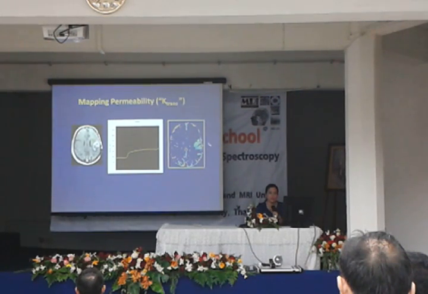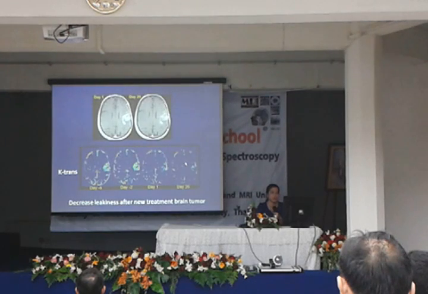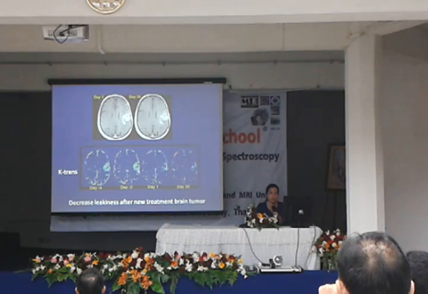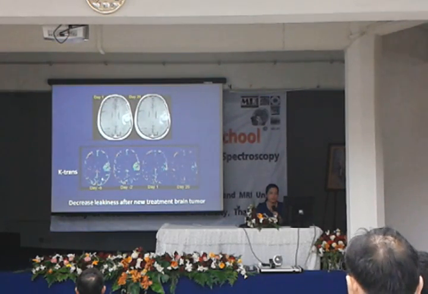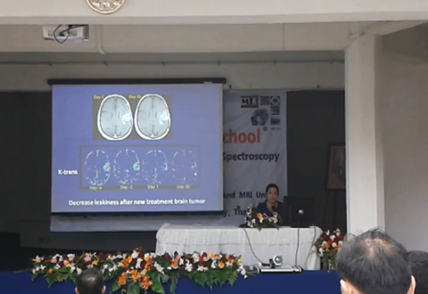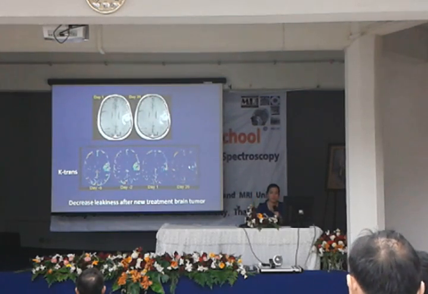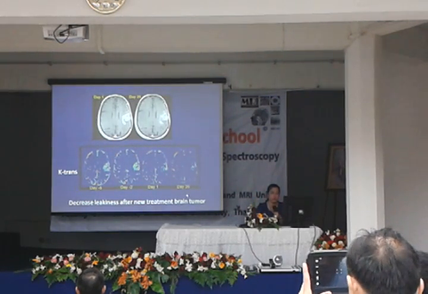We can assess the leakiness of the vessels at the area of the brain tumor, because higher grade tumors have higher leakiness. Then Ktrans is very useful to follow up post-treatment brain tumor. Such as this case, where the leakiness decreased after treatment of about one month.